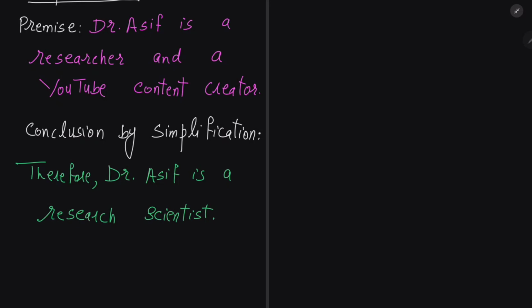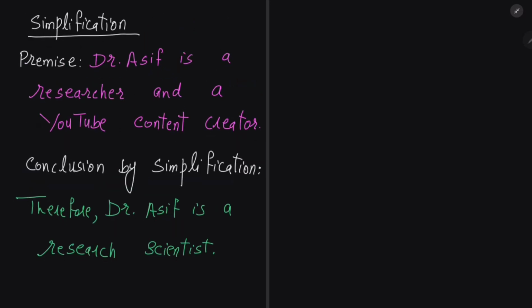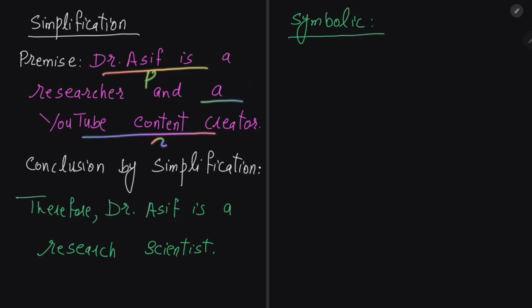Okay. So next we need to write the symbolic way of writing simplification. Symbolically we can write, since we started with P and after and we have Q, so we can write P and Q.